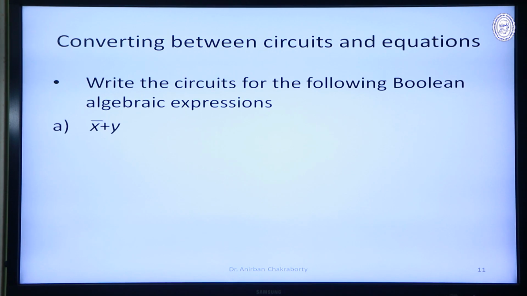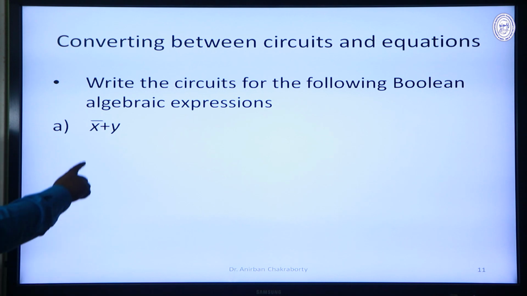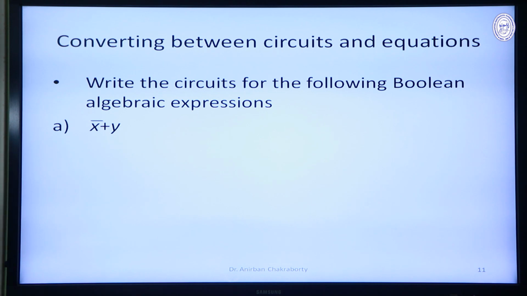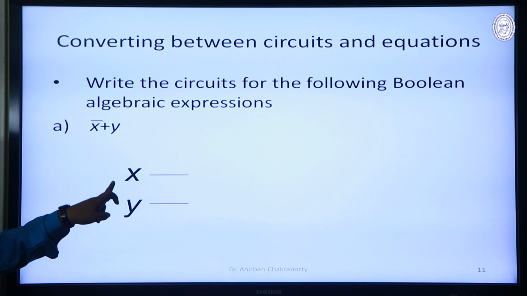First, look at how many inputs there are: X and Y, two inputs. So I note two inputs, first one X, another one Y, an X line and a Y line.